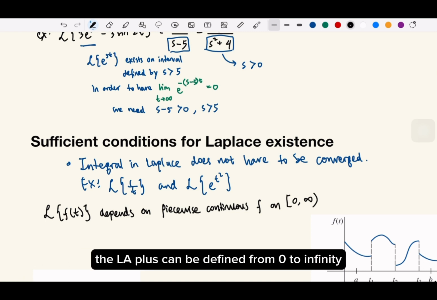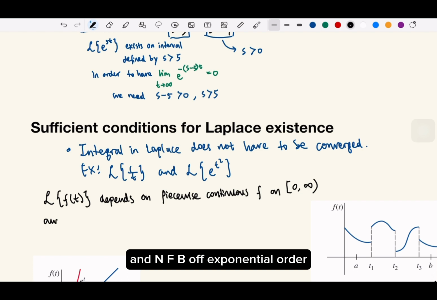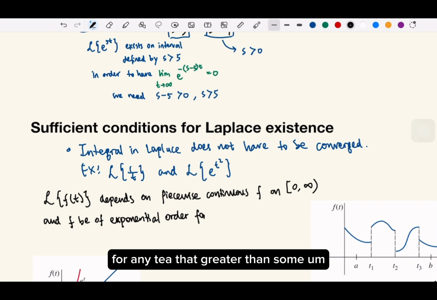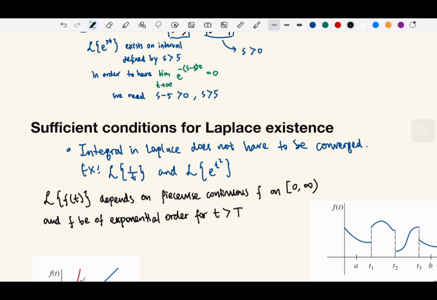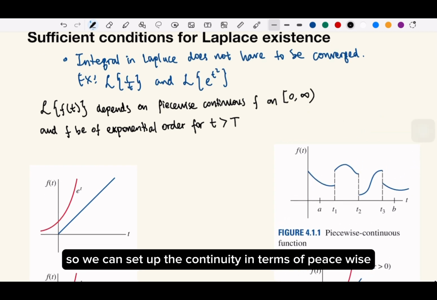The Laplace can be defined from 0 to infinity. And f must be of exponential order for any t greater than some capital T that we can define.